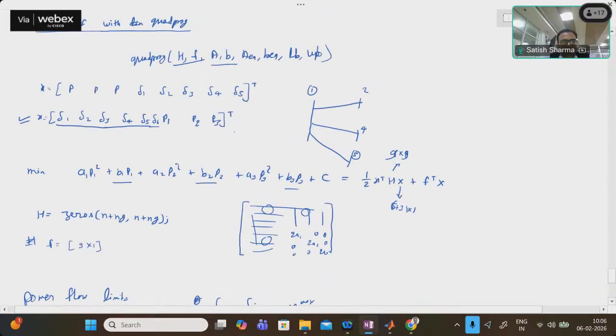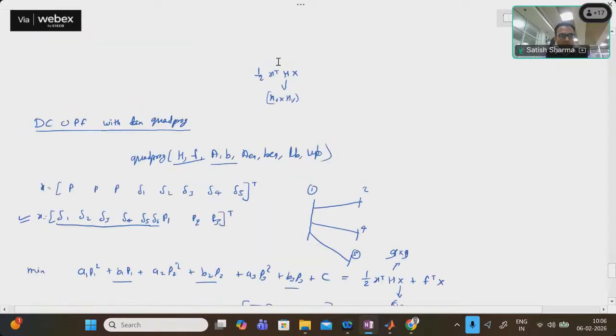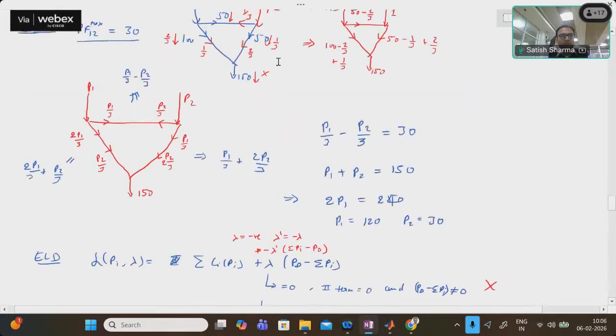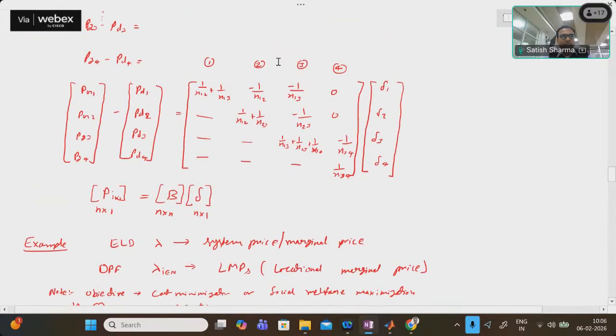Now let's see the equality constraints, Aeq and Beq. What are the different equality constraints? If I go to the OPF formulation, it is available.